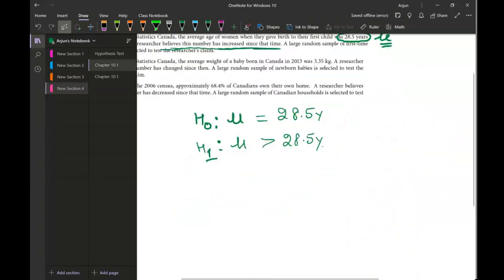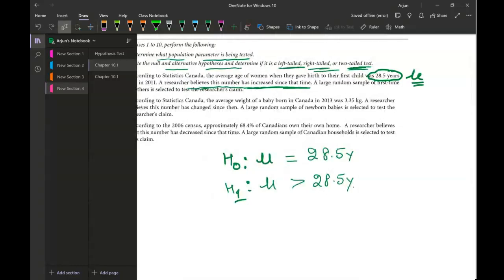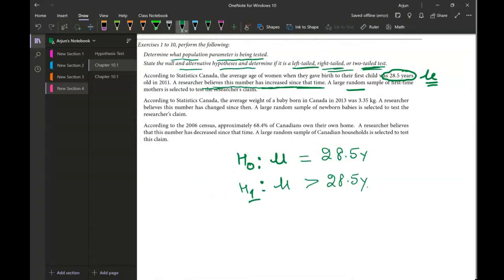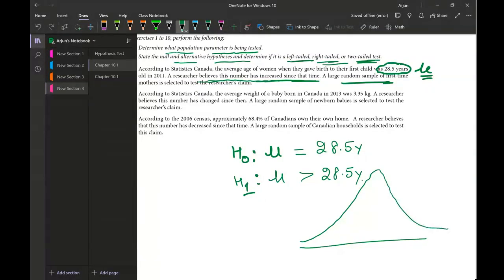Going back to the question, if I were to draw the normal distribution graph for this question, how am I going to draw it? This is the normal distribution graph, and this is a right tail, so the alpha value will be beyond this point.